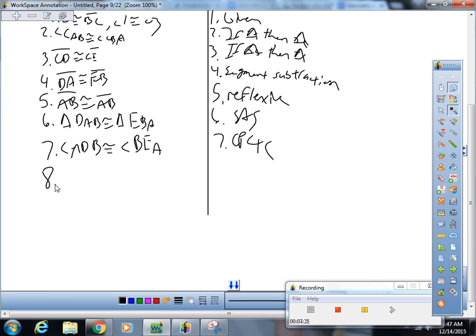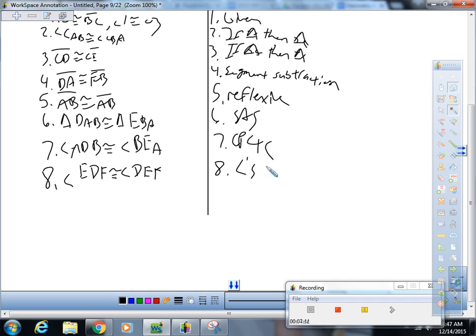And then the next thing we can say is angle EGF is congruent to angle DEF. Lost my picture, but that's okay. Then that would be angle subtraction.